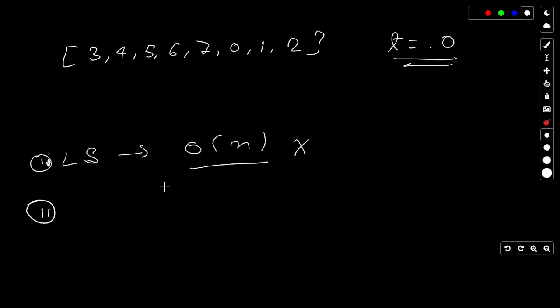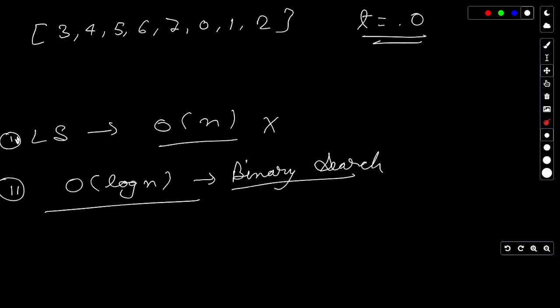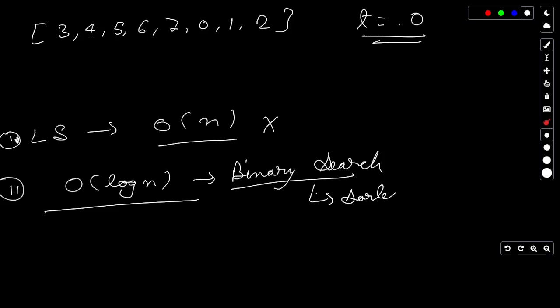The second approach to this problem, which can take us to big O of log of n, is binary search. Yes, since in the problem it is given that the array is sorted, and we need to search.